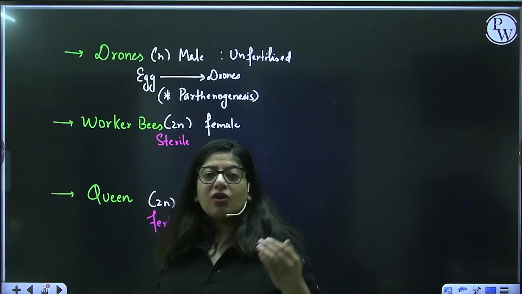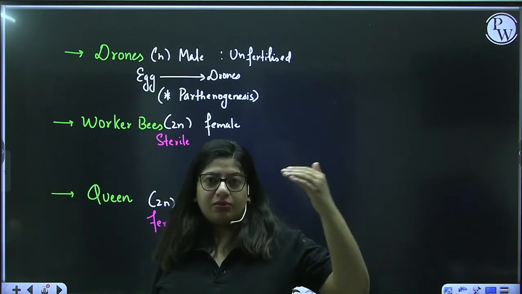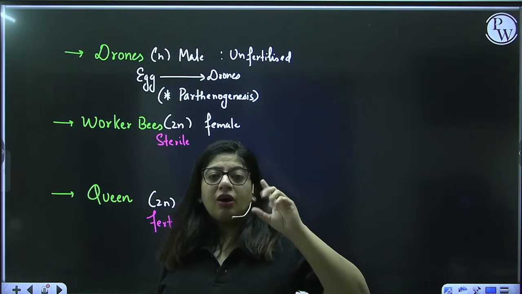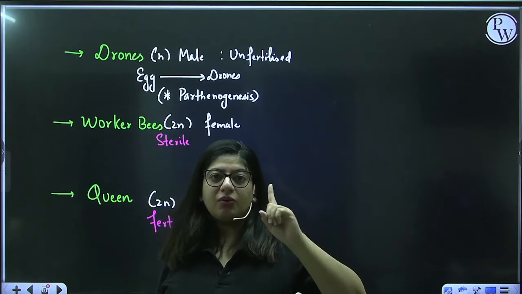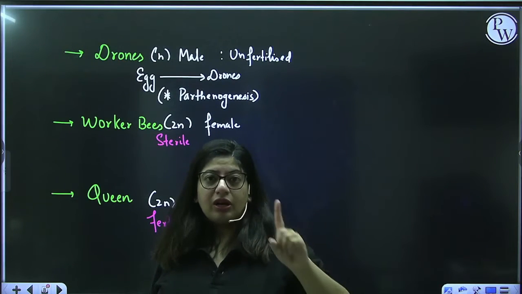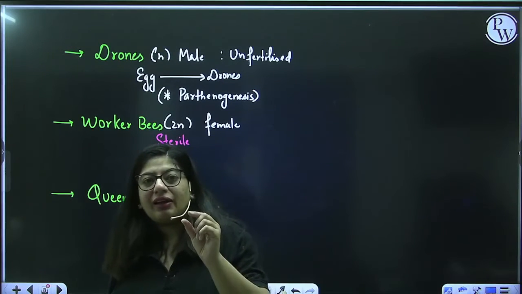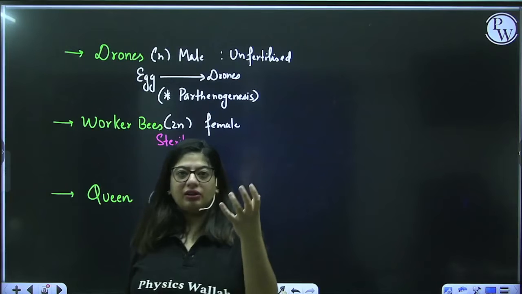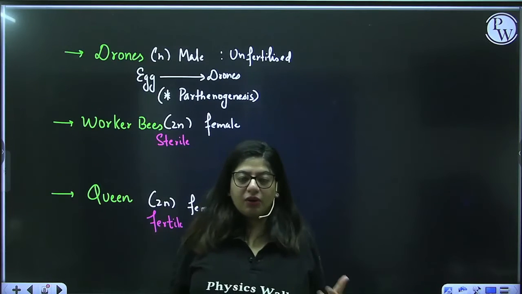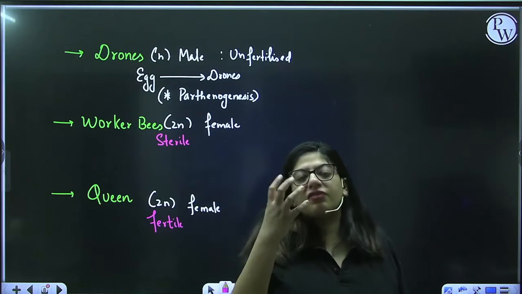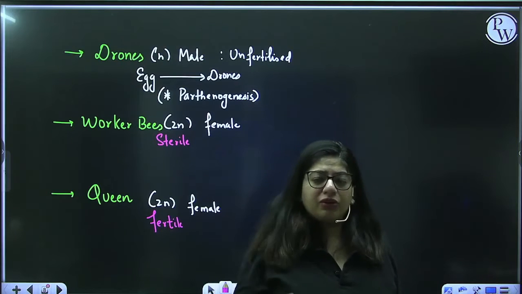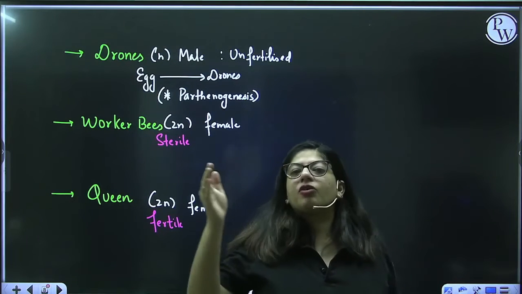When the eggs of females are getting developed, one female is fed with a new food, a superior food, which is royal jelly. The female larva, better say larva, not egg, which is developing and has been fed on royal jelly will later on become the queen.